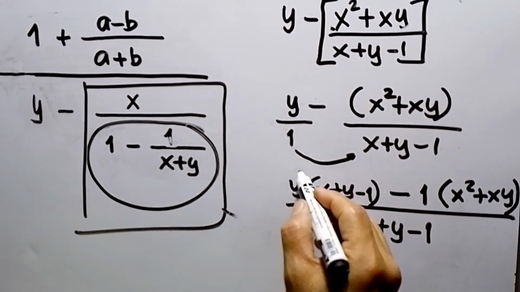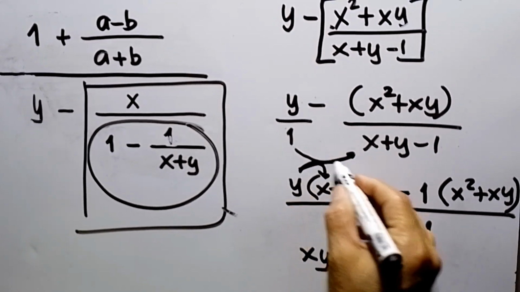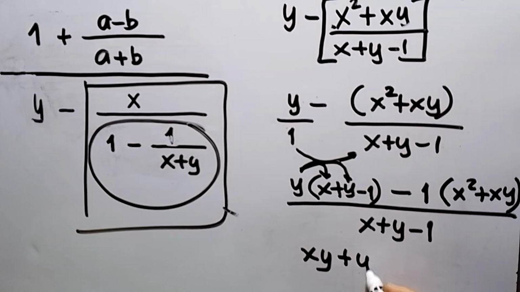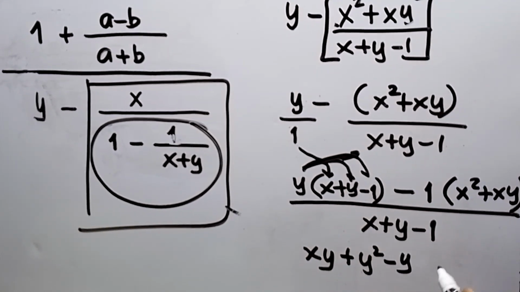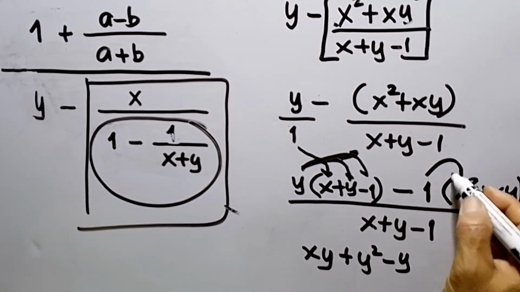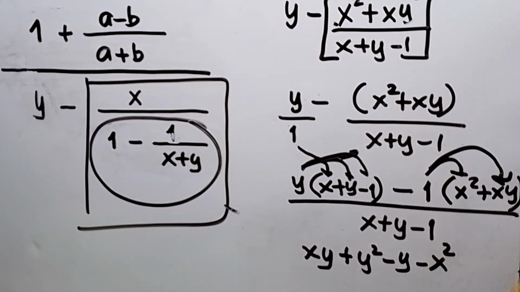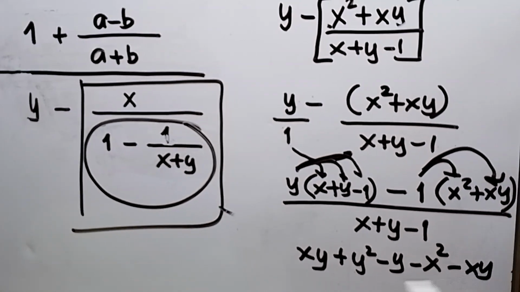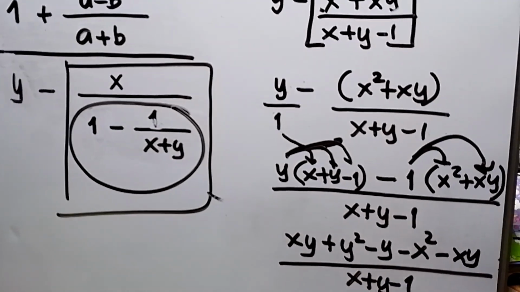Okay, to simplify, I need to distribute. So this will be xy plus y squared. And then the last will be minus y. And then this one also minus x squared minus xy, over x plus y minus 1.